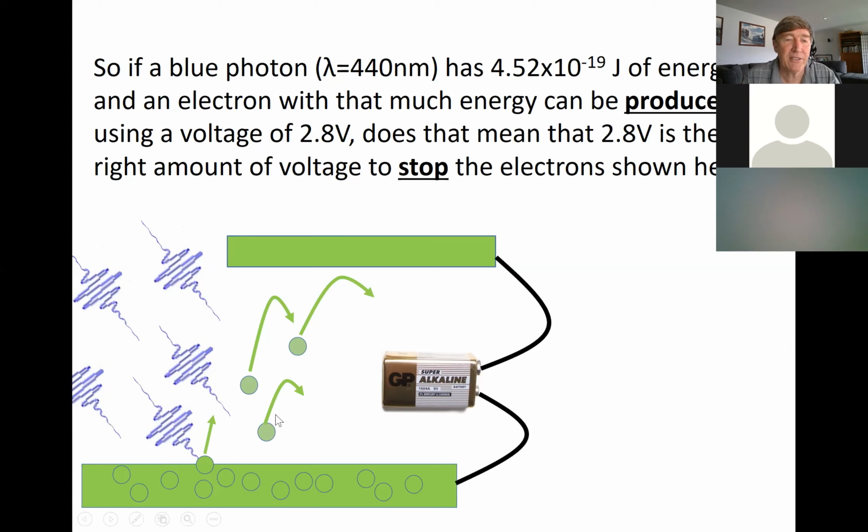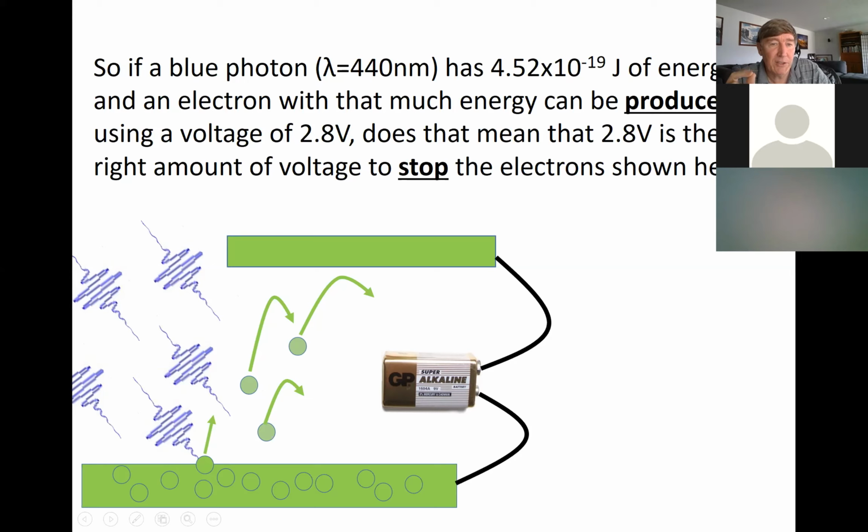So when these electrons come shooting out of here, they have the same amount of energy that the blue photon did, which we just calculated was the same amount of energy that it would have if it came out of an electron gun powered by a 2.8 volt battery. So these guys come shooting out with energy.